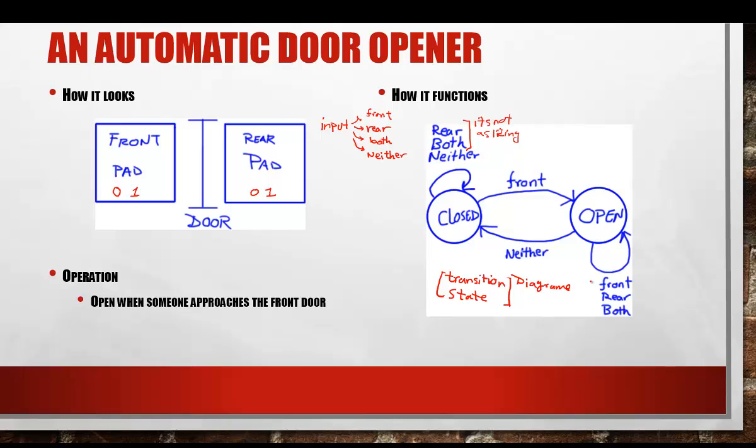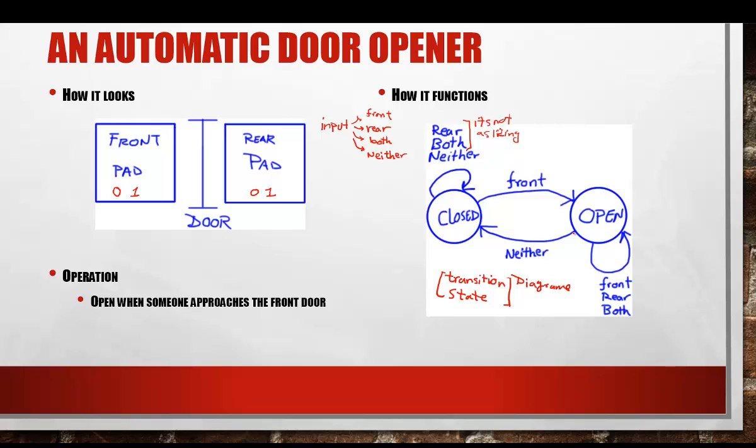If while that person is at the front door, somebody appears at the rear door, we keep the door open also. And also, while the door is open, if somebody appears at the rear door, we keep the door open so that they can exit. Also, because the door is already open, there is no possibility of knocking them over.